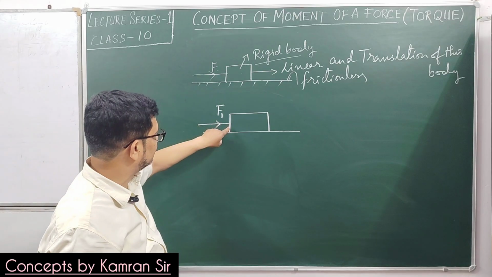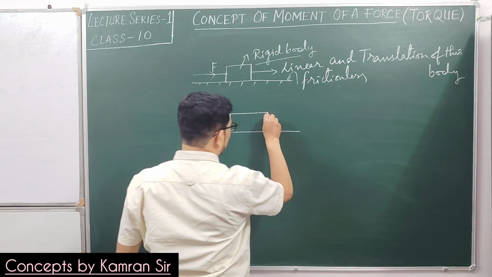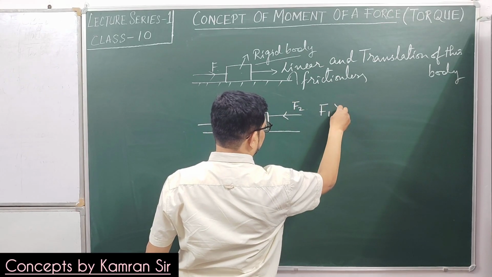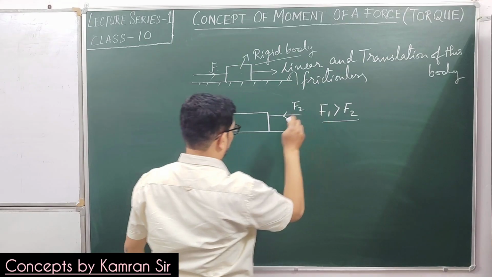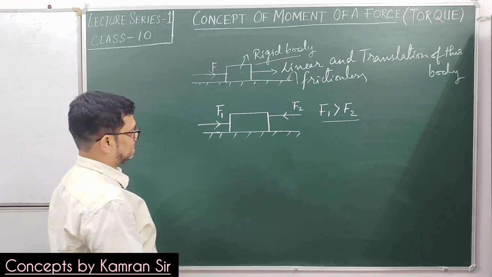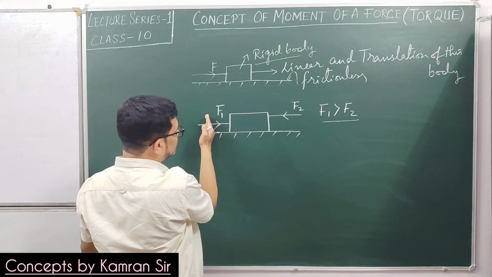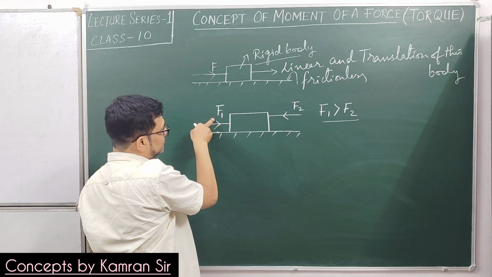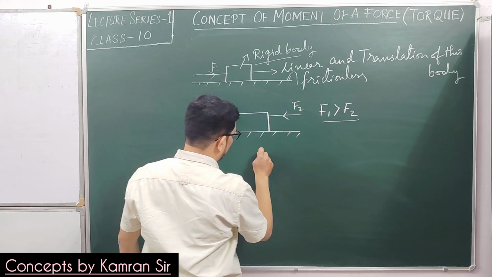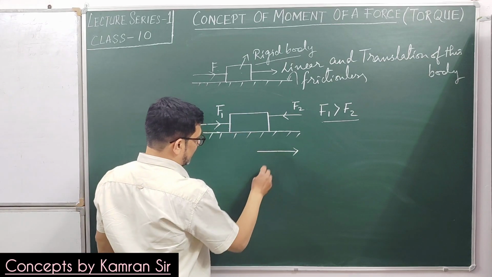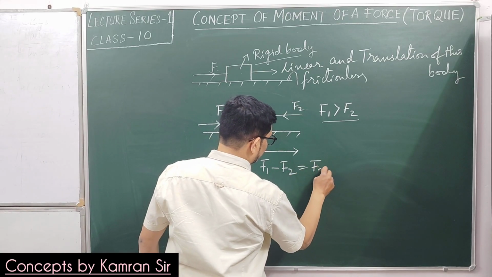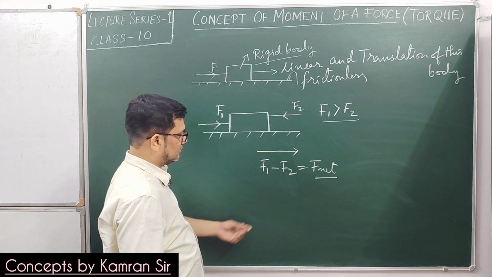So if F1 is the force and you are applying another force F2 in the opposite direction, and the magnitude of F1 is more than F2, and this is placed on the same frictionless table, then what's going to be the effect? Although F2 is opposing the motion caused by F1, since F1 is more than F2, we'll get the motion in the direction of F1.